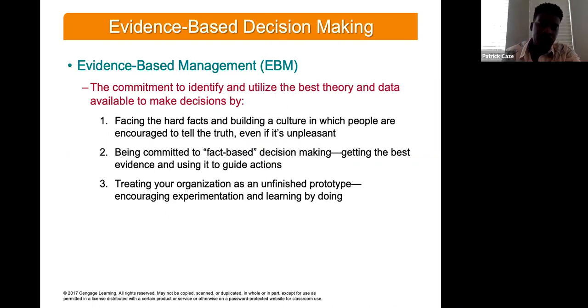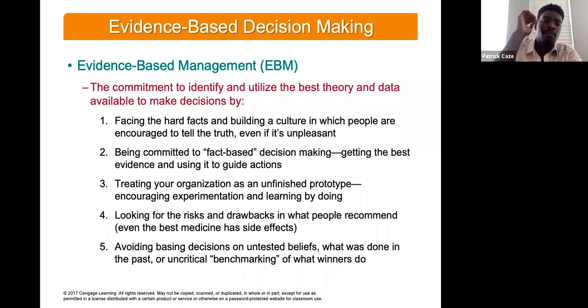And we have evidence-based management, which is related to rational decision making. But the whole point is to look at the facts and really decide how I can get the best results by getting the best information, the best evidence, in order to make my decision.